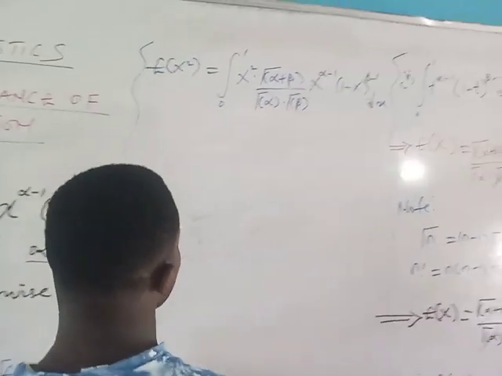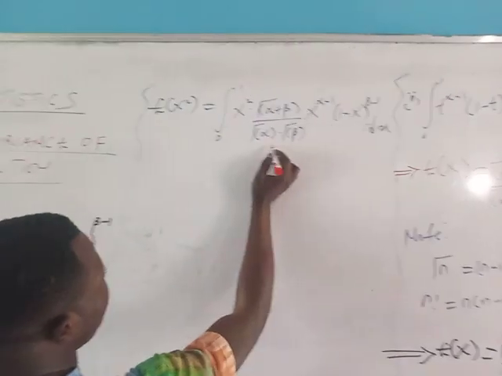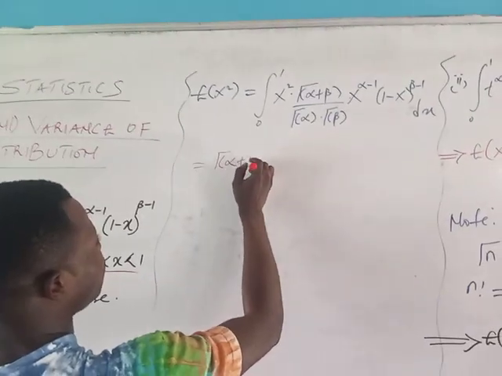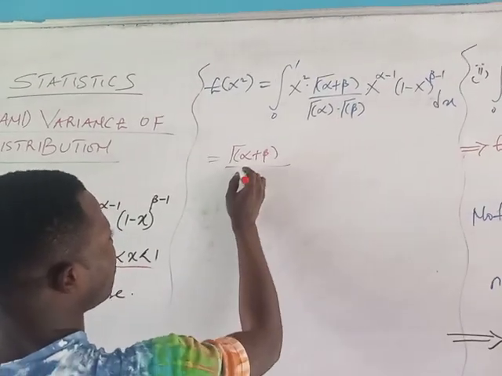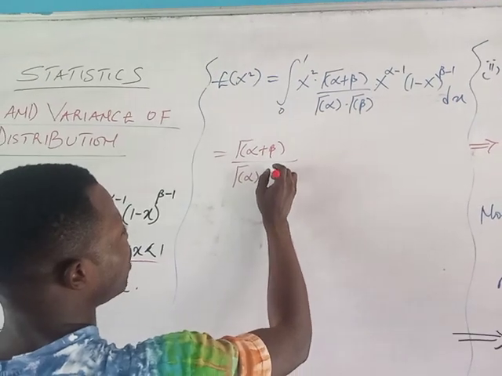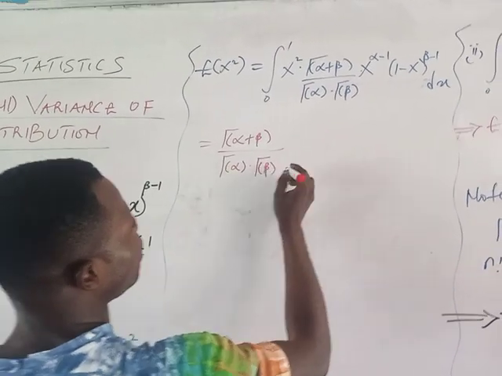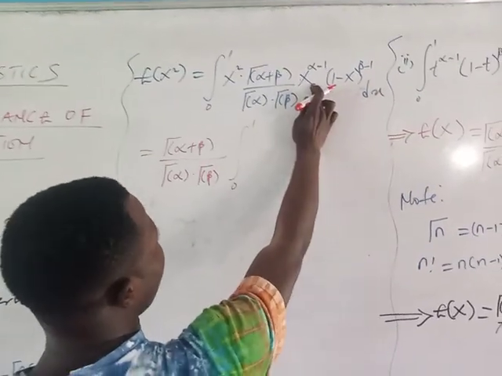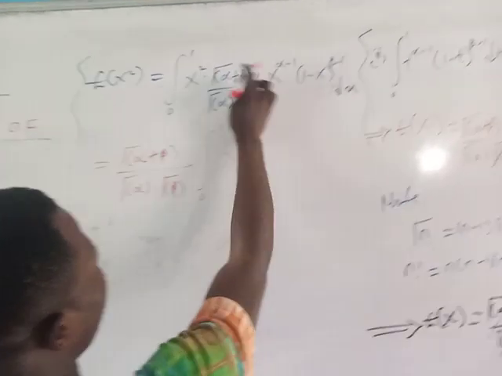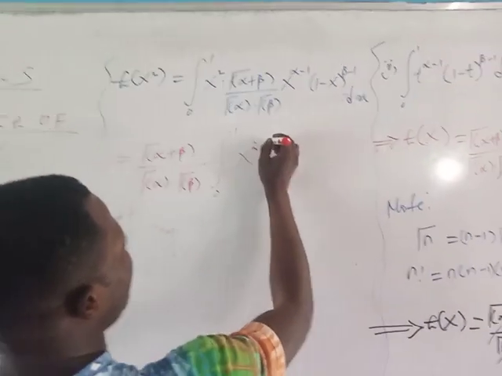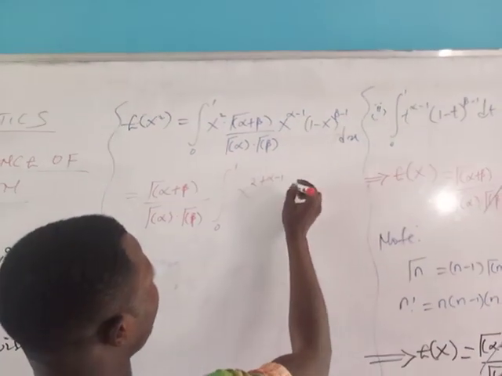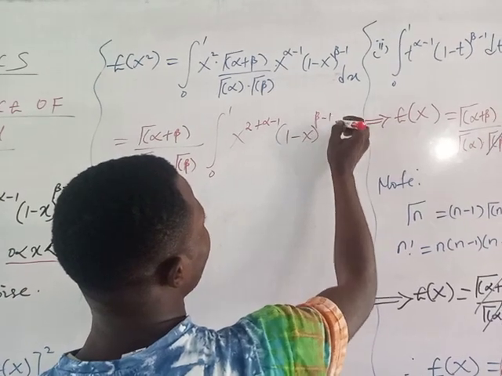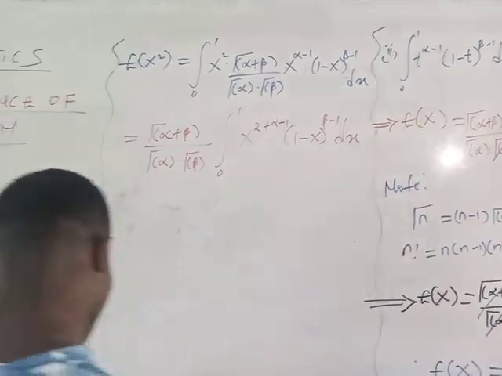So now, let's take this out, being the constant term. So we are going to have gamma alpha plus beta all over gamma alpha times gamma beta, integral 0 to 1. So x squared times x to the alpha minus 1, when we take the common base, which is x, the power will be 2 plus alpha minus 1, into (1 minus x) raised to the power of beta minus 1, with respect to x.